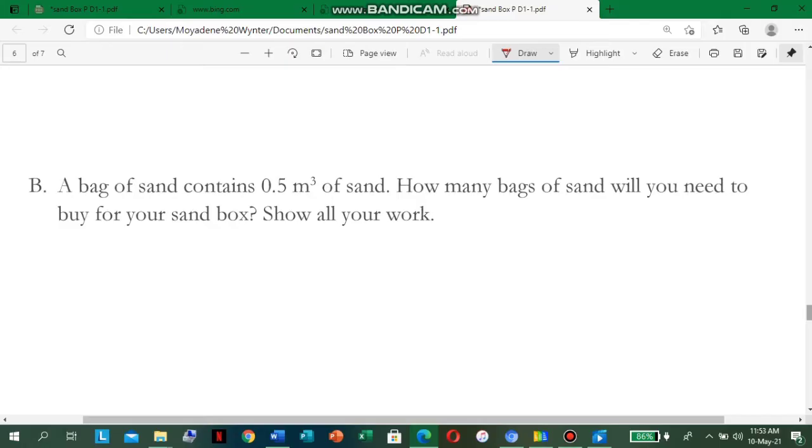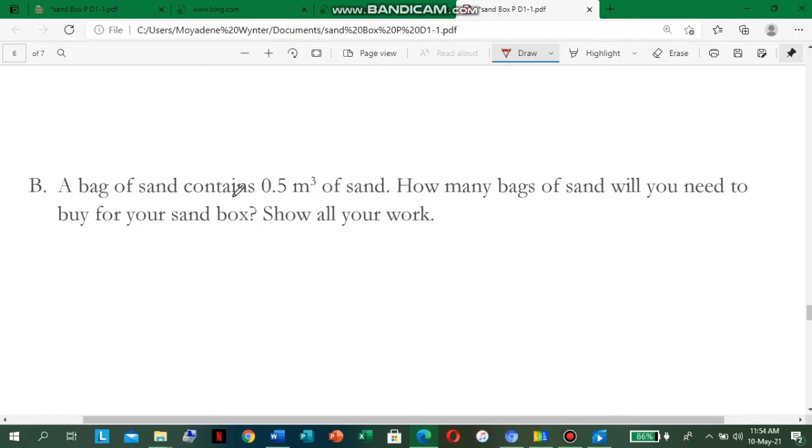So if 12 cubic meters of sand is needed and one bag of sand contains 0.5 cubic meter of sand, then what we have to do is divide the amount of sand that is needed by the one bag of sand. All right, so we're going to divide.